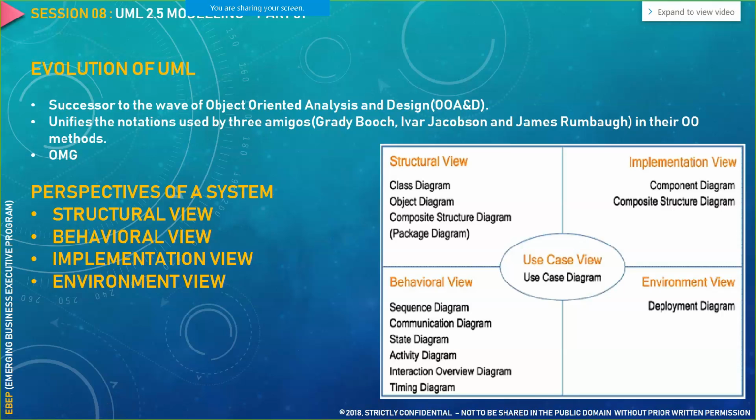Now, like I said, UML is a successor of object-oriented analysis and design. Before UML, there was something called object-oriented analysis and design in the software programming world. Now, what is object-oriented analysis and design? There were two kinds of systems that existed in earlier times. One was structured development and one was object-oriented development.